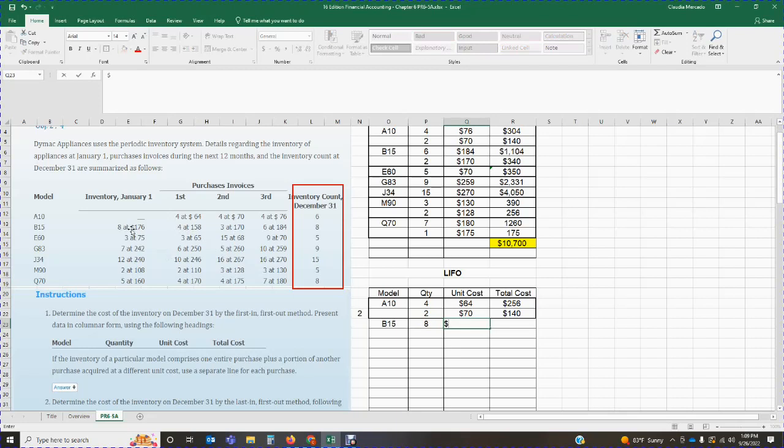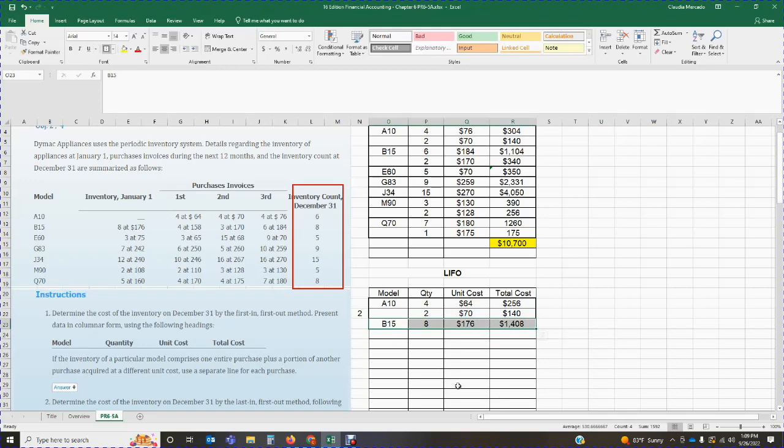We're doing B15, so we're doing 8 units at 176 right here. That would give me 1408 for B15.